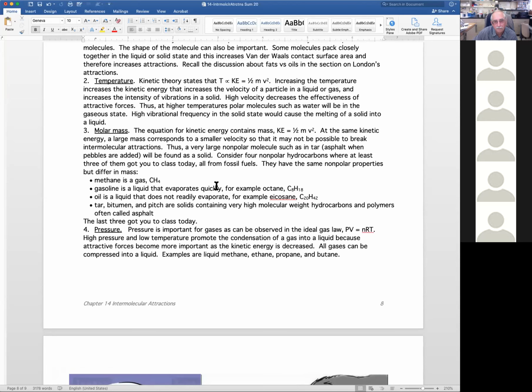Gasoline is a liquid that evaporates quickly. For example, octane. And oil is a liquid that does not readily evaporate. Look how much bigger it is, more than twice the mass. Then tar and bitumen and pitch are solids with very high molecular weight hydrocarbons, especially called asphalt, especially if we melt it and then embed gravel in it.